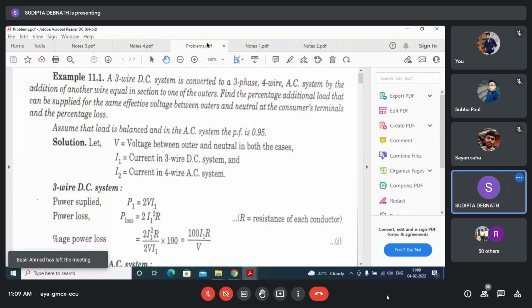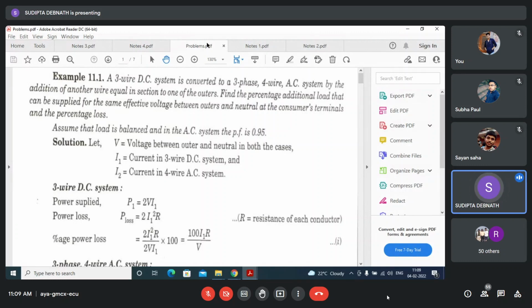Okay. Now let us consider one typical problem: a three-wire DC system is converted to a three-phase four-wire AC system. See, there was a DC system of three wires. Now it is converted to a three-phase four-wire system. Four-wire means an extra wire is required.